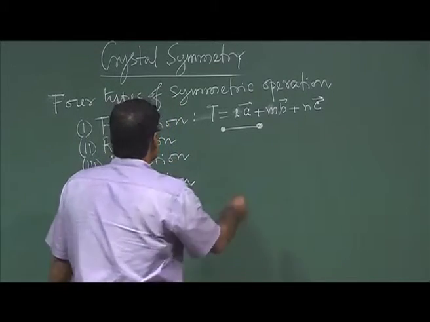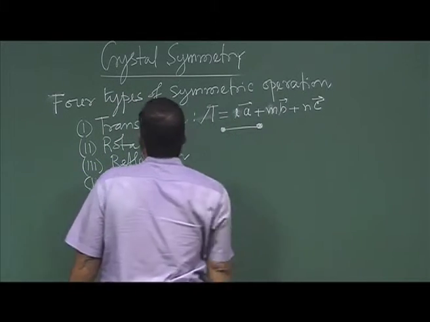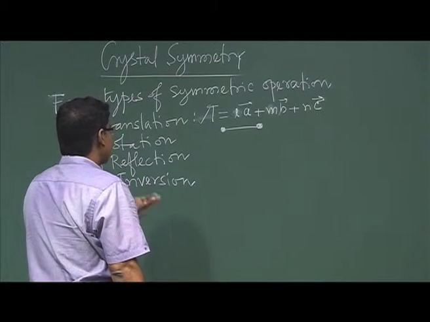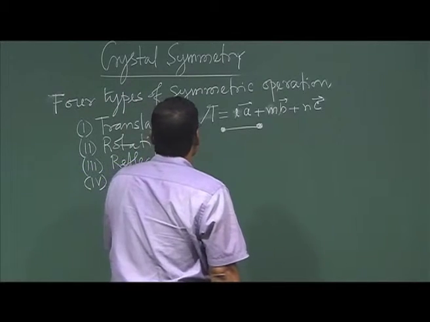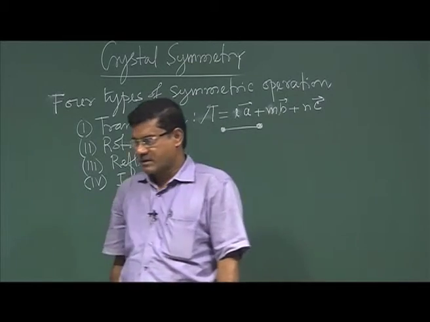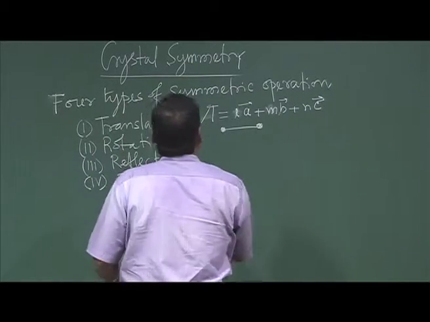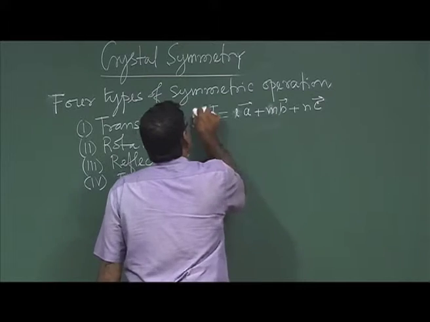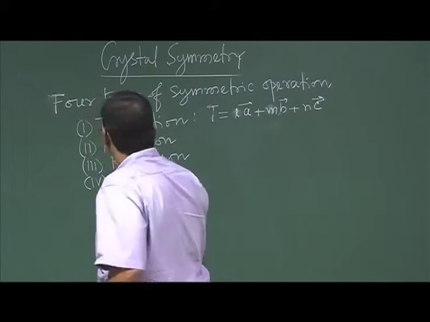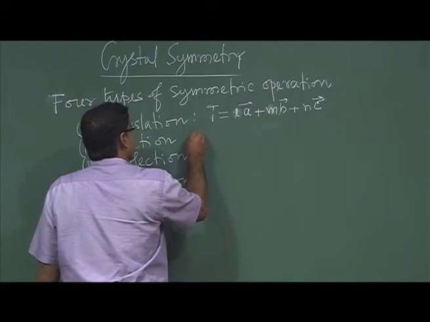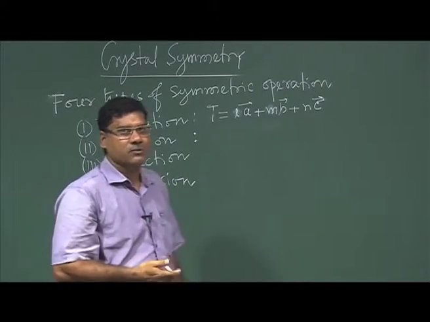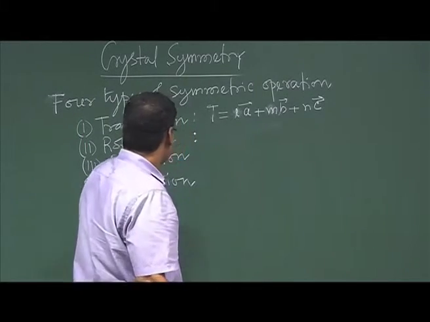So, it is obvious that a crystal has that symmetry, since lattice points are generated using this translation vector. But for the other operations, rotation, reflection and inversion, one can check how the crystal shows this symmetry.